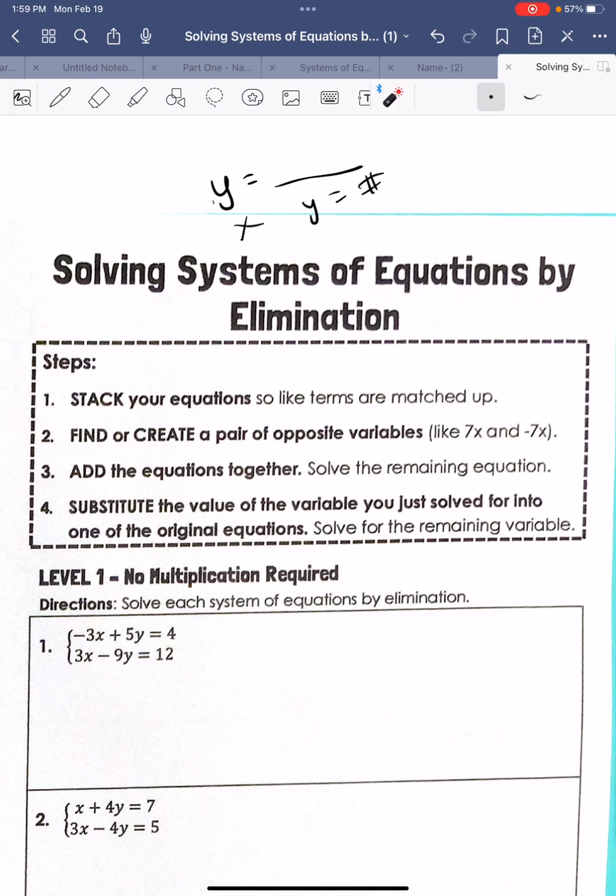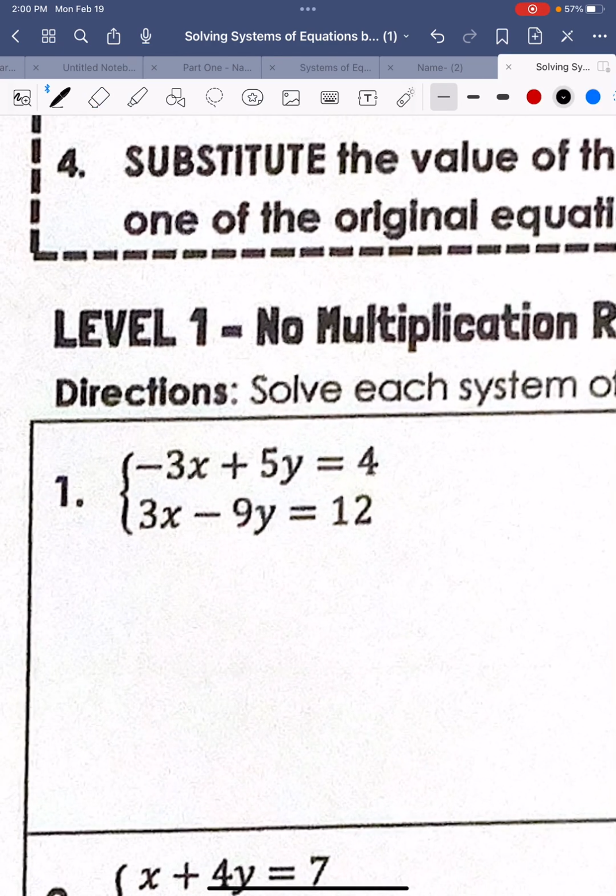You had at least one letter on one side, and that was what you knew how to solve. But this time, if you look at the examples, you don't have one equation set equal to a letter. Notice that you have x's and y's on the same side for both equations. You can't use the substitution method anymore.